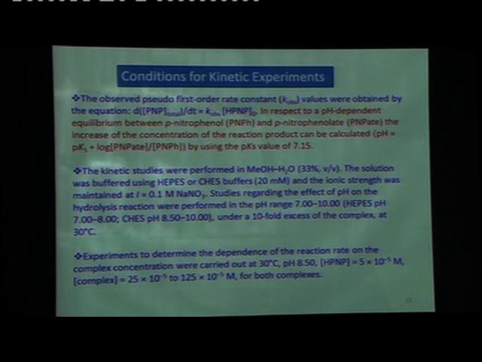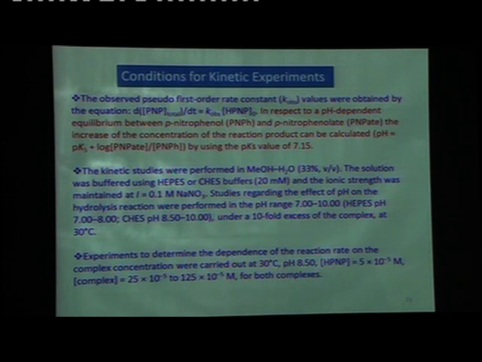So we determined pseudo first order rate constants, from the formation of paranitrophenol and paranitrophenolate, and you know these kinds of equations, pH equal to this. These are all our +2 level, undergraduate understanding. So you set the condition, the buffer you use, the pH range you analyze, and you do the reaction.